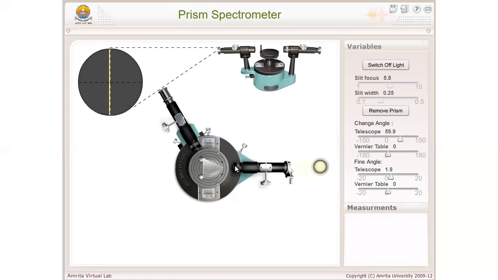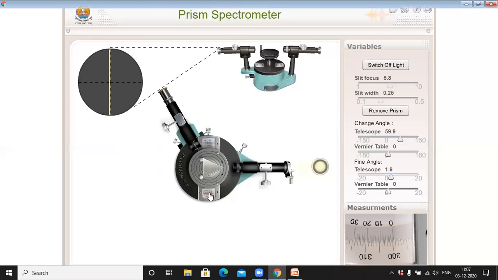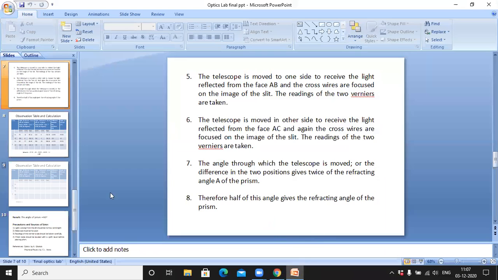Yes. So again, you have to note down V1 and V2. For example, for V1, the main scale reading is 120, and then you have to note down the best coinciding reading of the vernier scale, and you have to note down V2 from here.